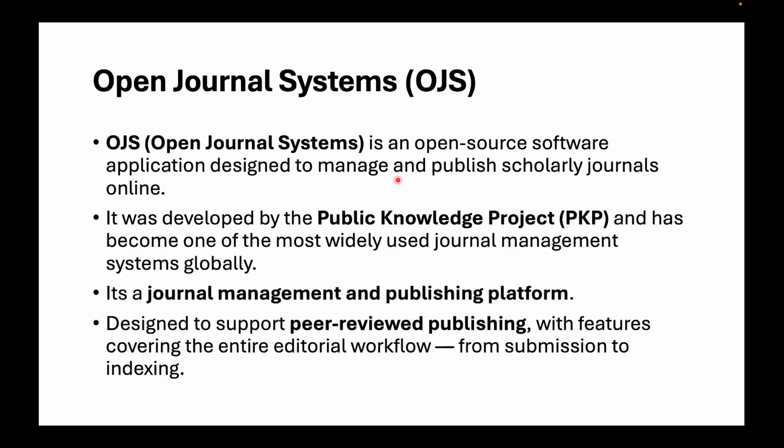Usually a journal consists of two systems. One is the journal management system, mainly the peer review management system, as well as the website management system. Both are there.